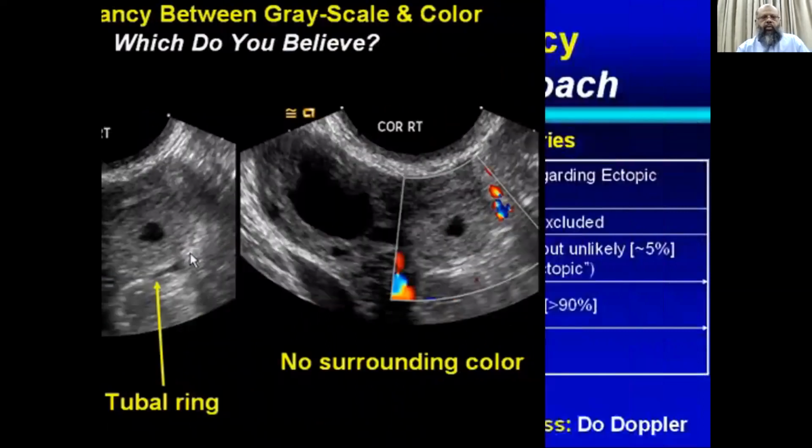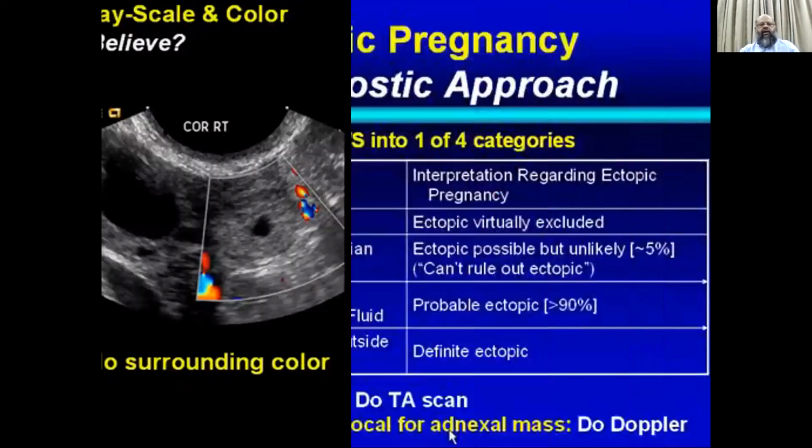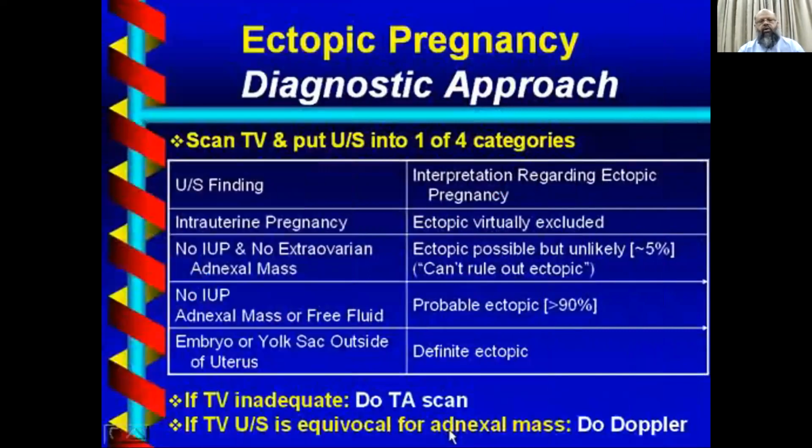So in ectopic pregnancy, scan with TVS and put the ultrasound into one of 4 categories of findings and interpretation regarding ectopic pregnancy. The first category is intrauterine pregnancy.